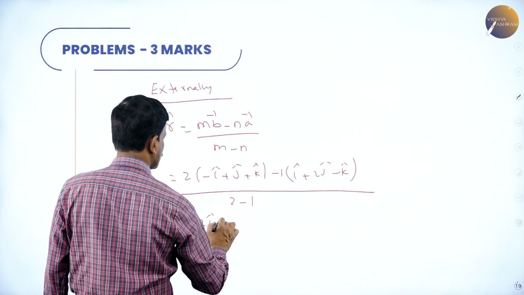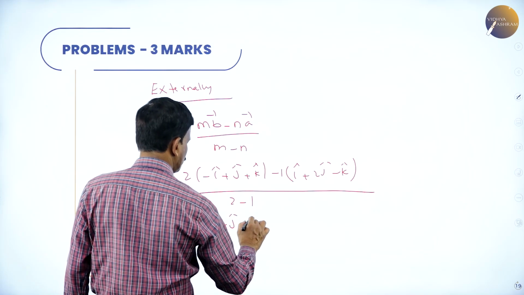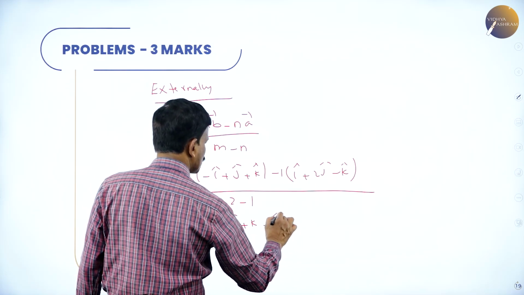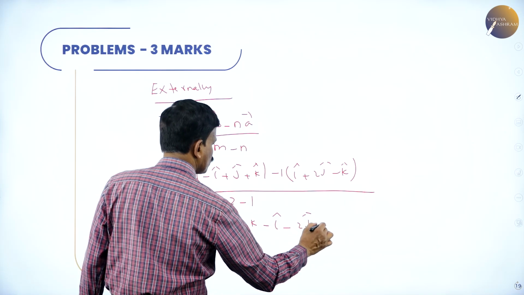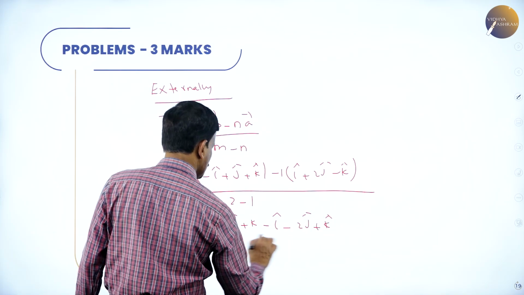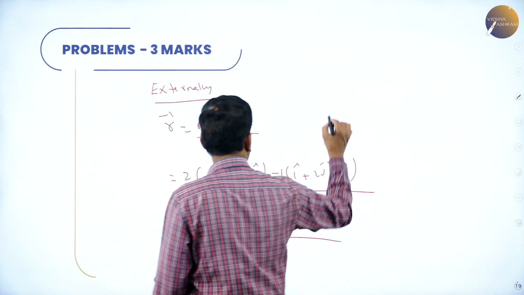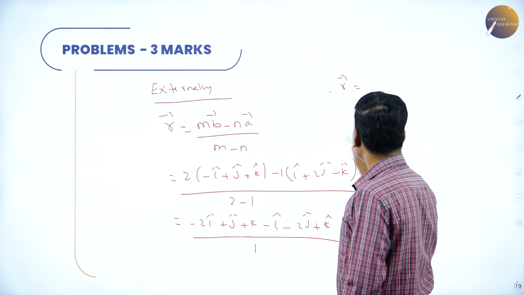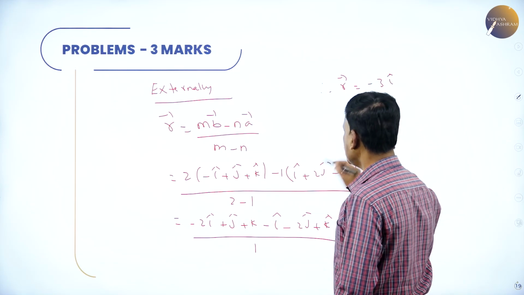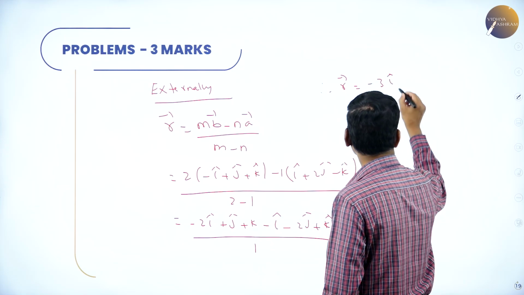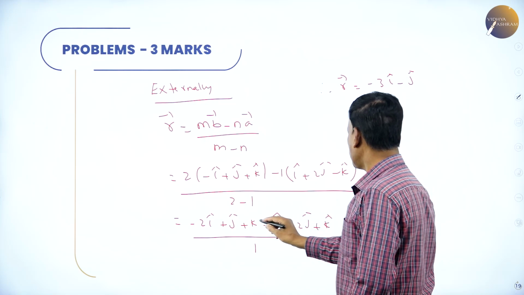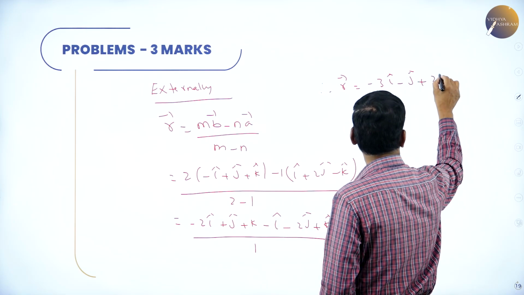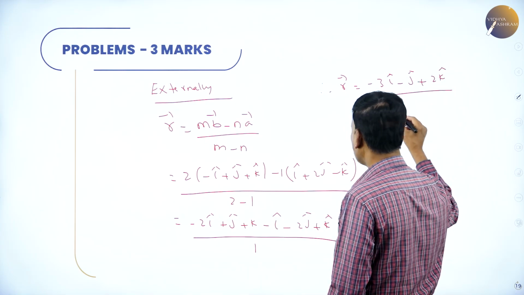Multiplying, minus 2i plus 2j plus 2k, multiplied by the negative sign, minus i minus 2j plus k, divided by 2 minus 1, which is 1. So vector R is equal to minus 2i minus i is minus 3i, plus 2j minus 2j is zero j, plus 2k plus k is 3k, divided by 1.